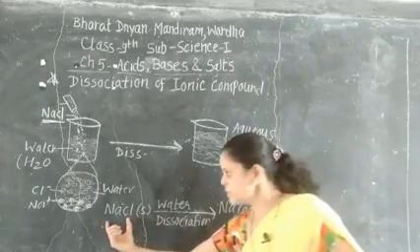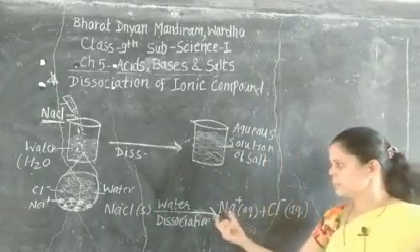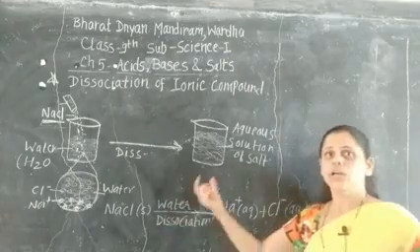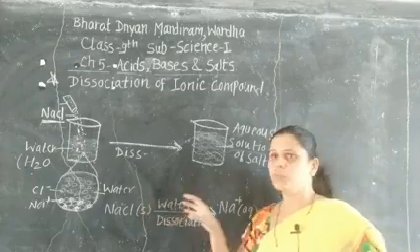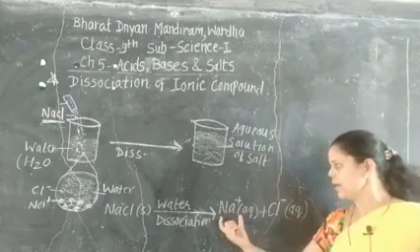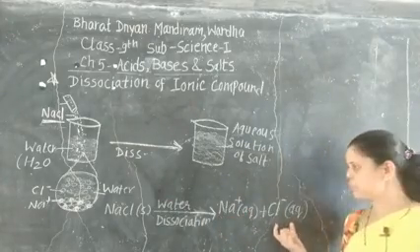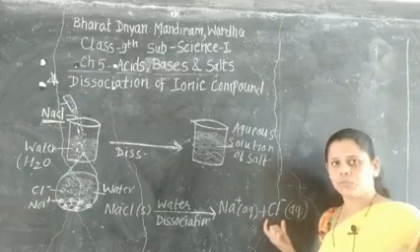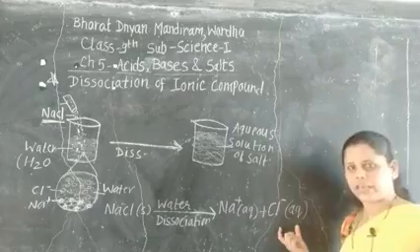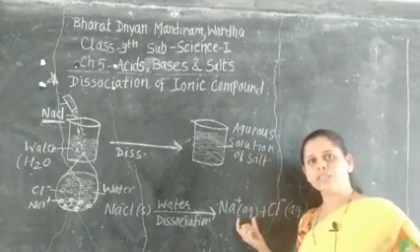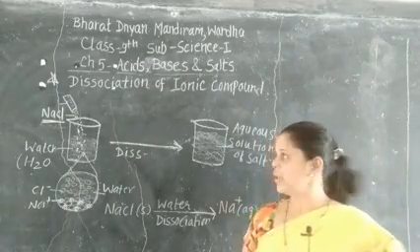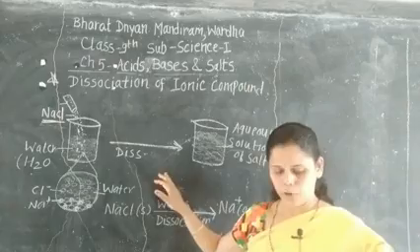After NaCl dissolves in water and water molecules push between the ions, the sodium ion and chloride ion are formed in aqueous form. Na+ plus Cl-, and here aq stands for aqueous. I hope you understood this topic.